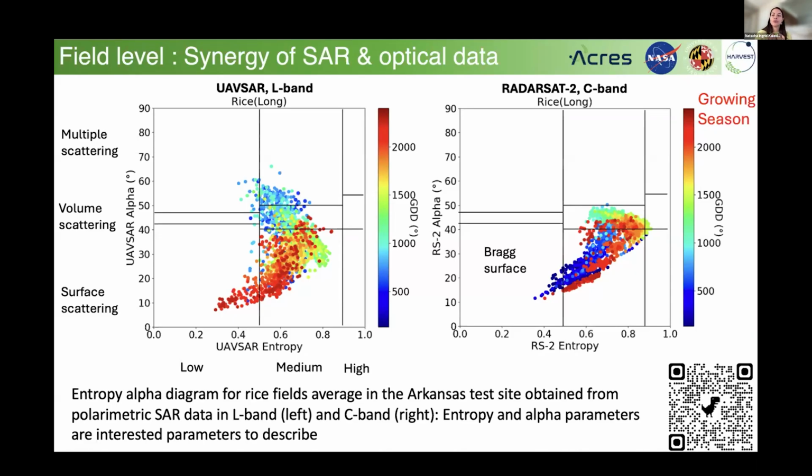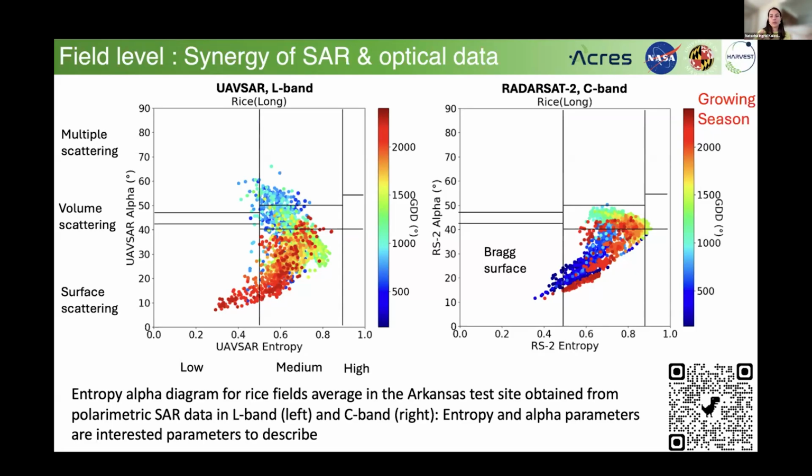You can see that these two radars see the crop in two different ways. First, they start by seeing the surface scattering, which is the most important parameter, so they see the difference in surface when the growing season is starting.